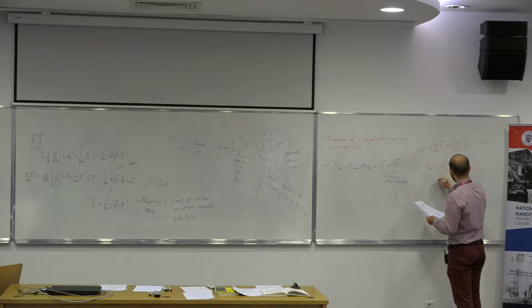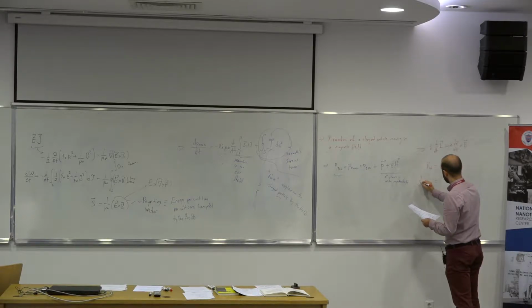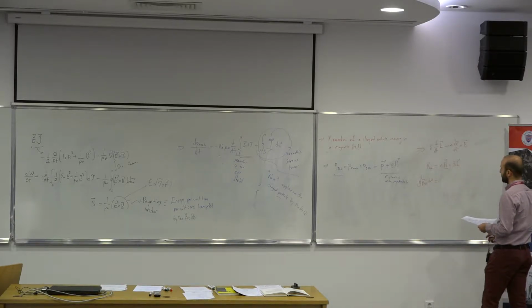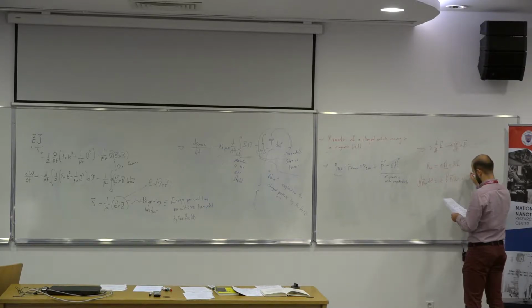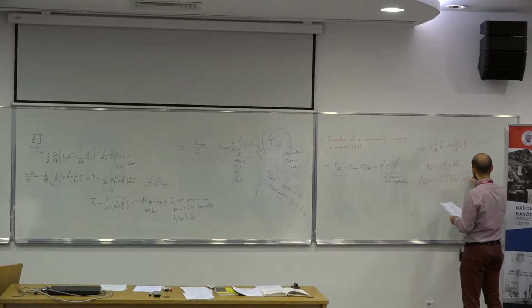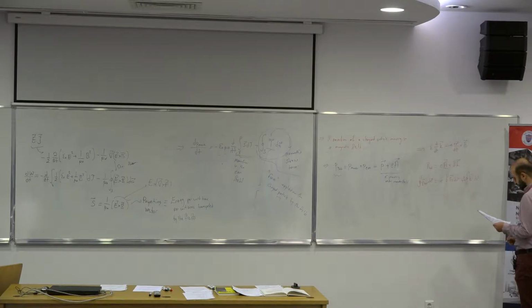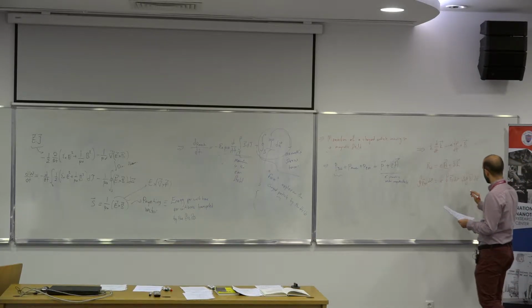Let's integrate this P total over that line so that I'm going to have A dot dr plus, again, H bar K dot dr. Okay.